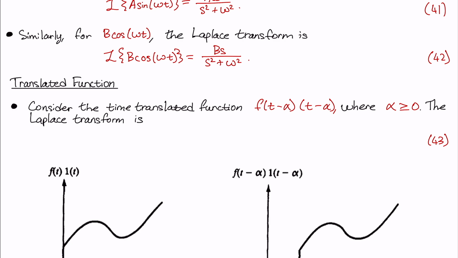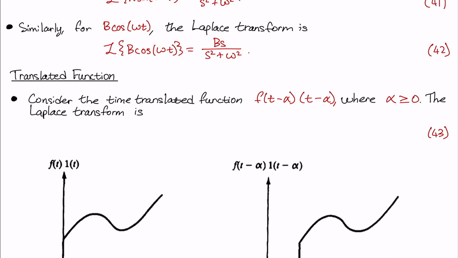Okay, we're going to talk about a function that's been translated in time, shown here. I need to make a small correction here. So in this case, we'll have some function f of t minus alpha multiplied by a translated unit step, shown here, where alpha is greater than or equal to 0.